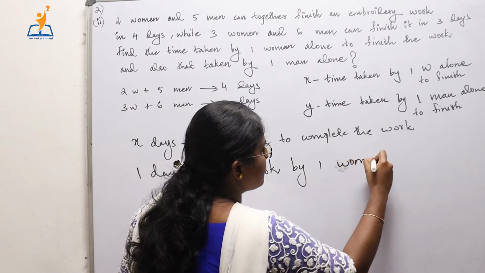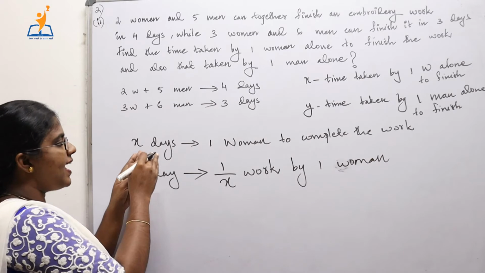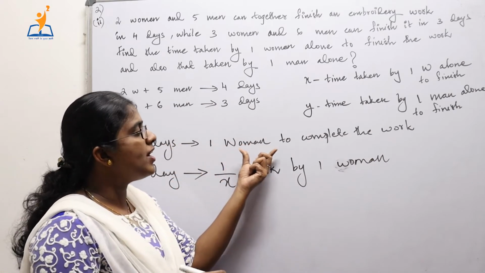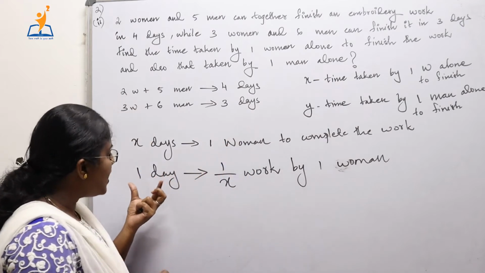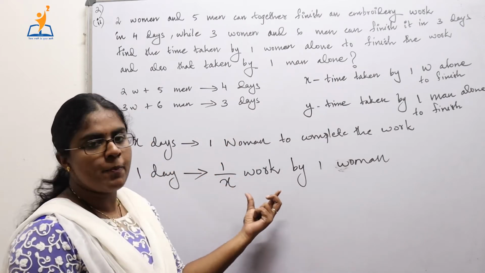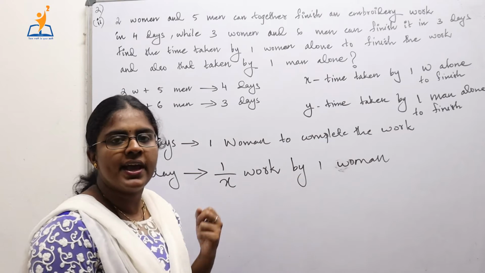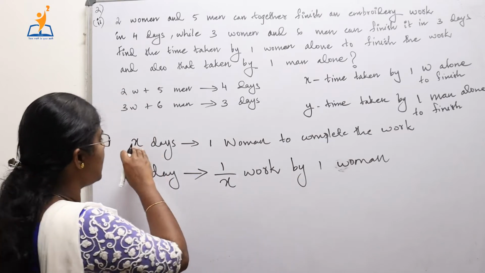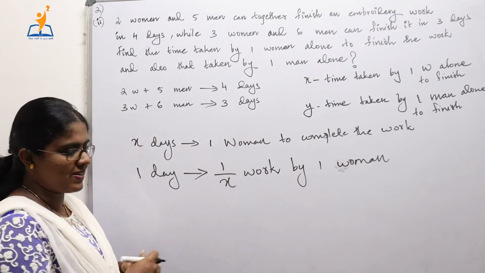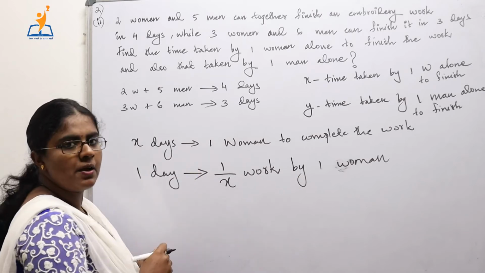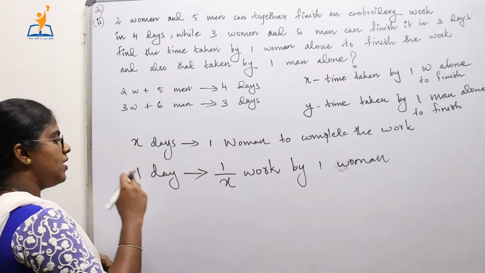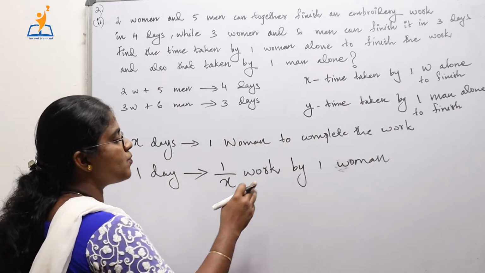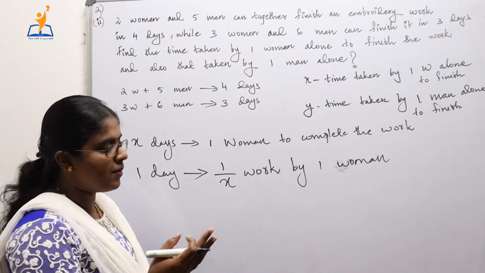Is it clear? x days were required for one woman to complete the work. We have taken that. So in one day, one woman can do 1 by x work, simply taking this x to this side so it gets divided here. So in one day 1 by x work will be done by one woman.